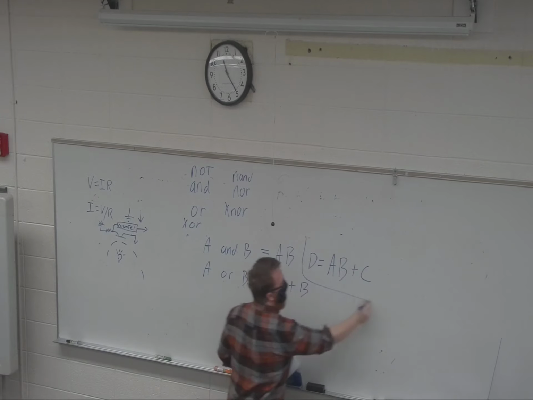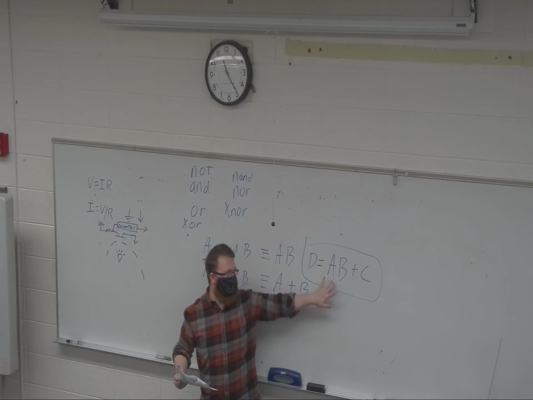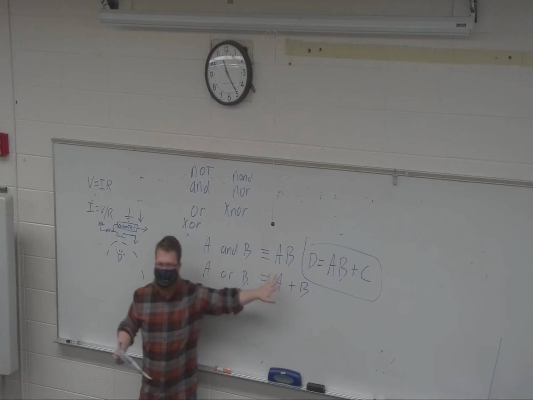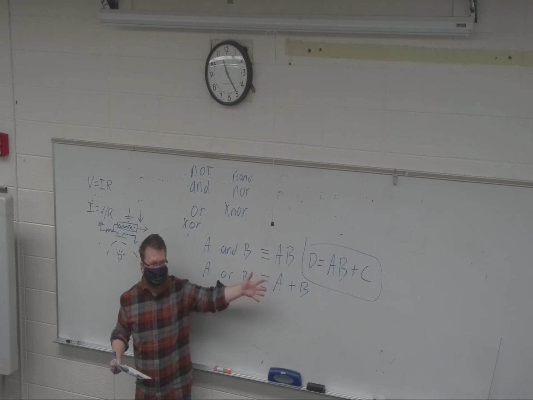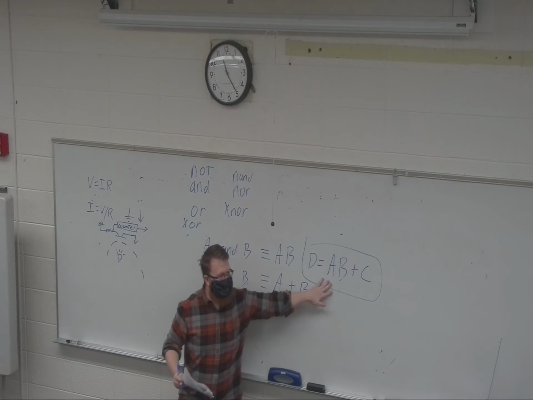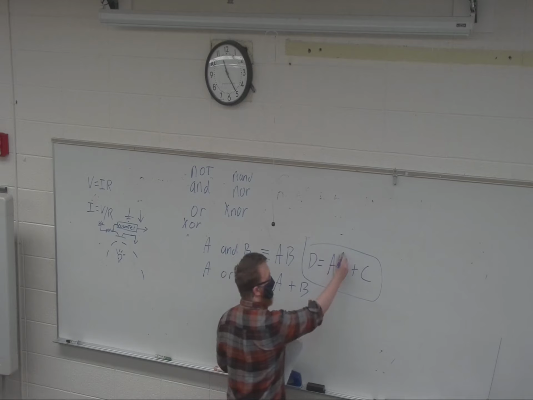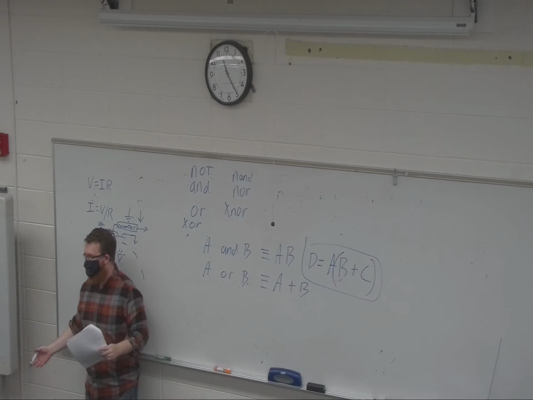But the nice thing is, doing it this way, because of the way the logical operators work out, if I have some equation of D is equal to A and B, or C, which operation happens first? The and, yes. So the and takes priority over the or, unless you have parentheses, just like in algebra.